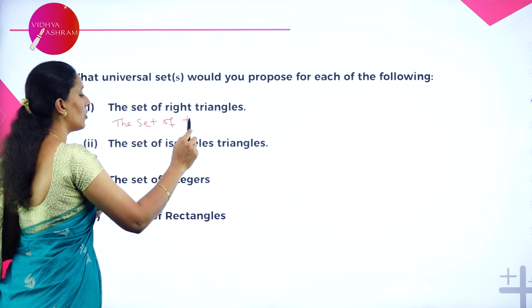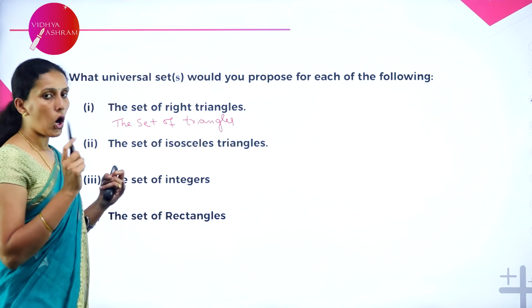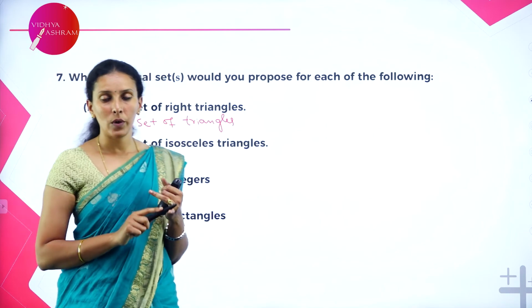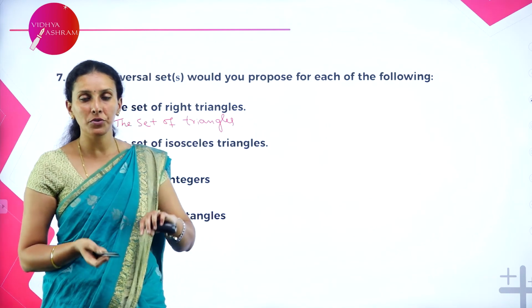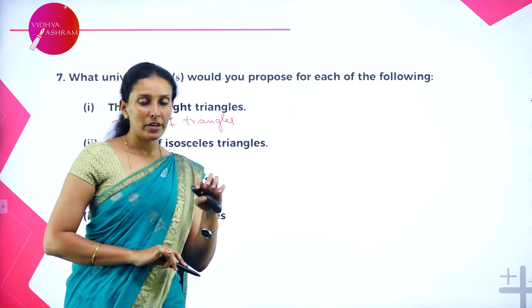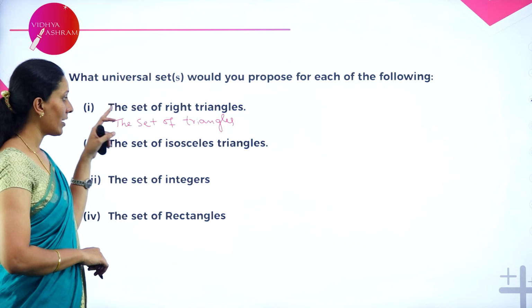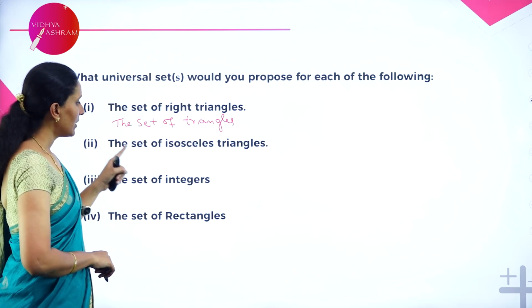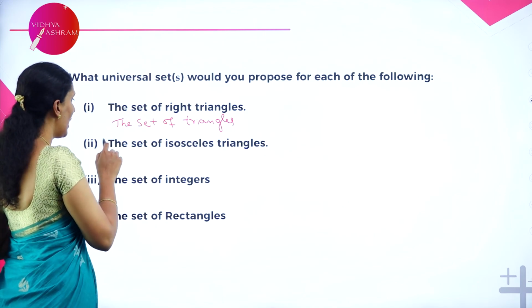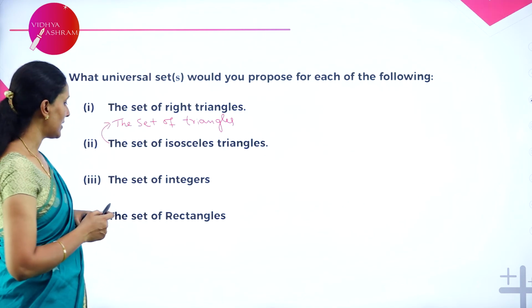When I say the set of triangles, it has all types of triangles: equilateral, equiangular, scalene, isosceles, right angle, obtuse angle, and acute angle. Every type of triangle is inside the set of triangles. So, therefore, I can take this as a universal set. Similarly, for the set of isosceles triangles, I can take the set of triangles as a universal set.